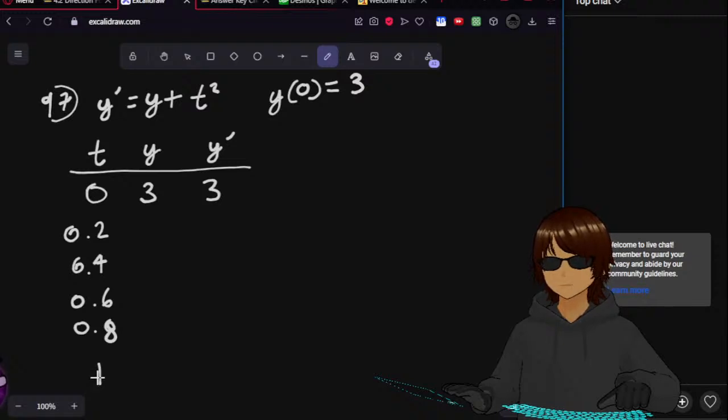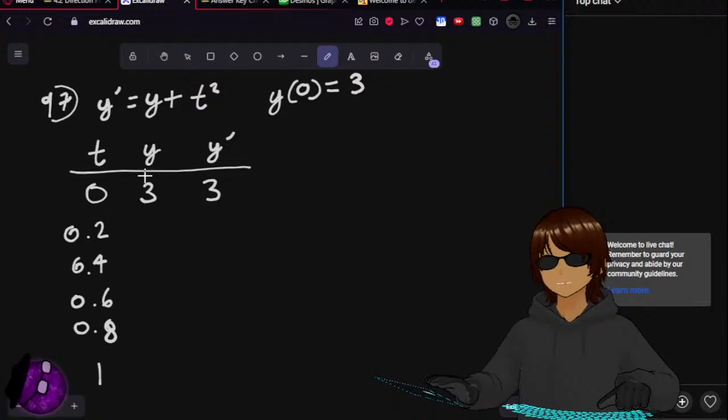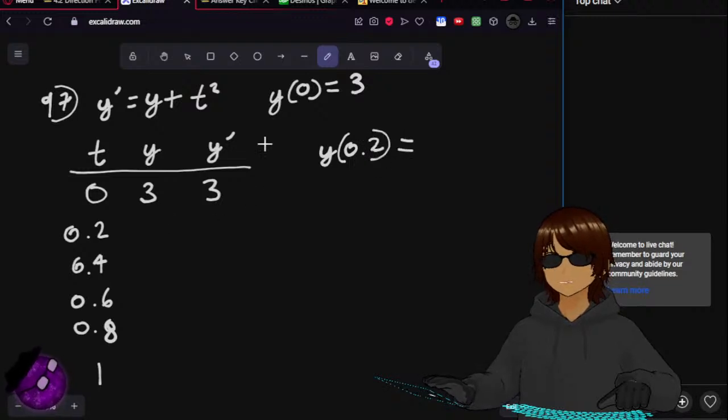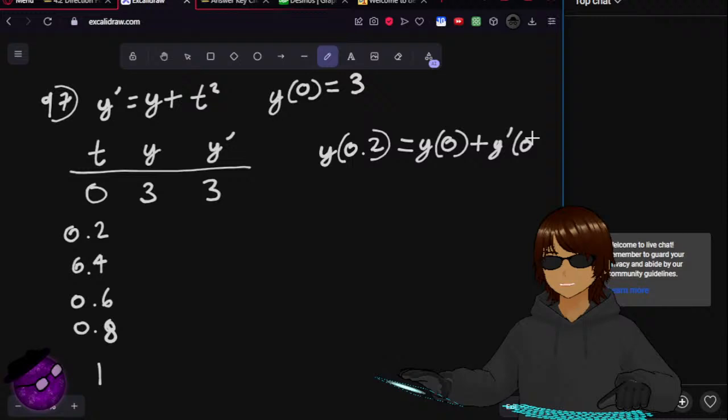Is this right? Okay, now we do y at 0.2 is equal to the initial y plus the derivative at y0, I guess. This is correct.